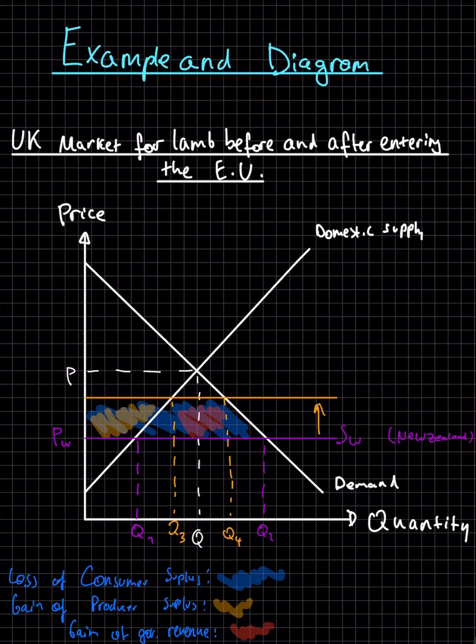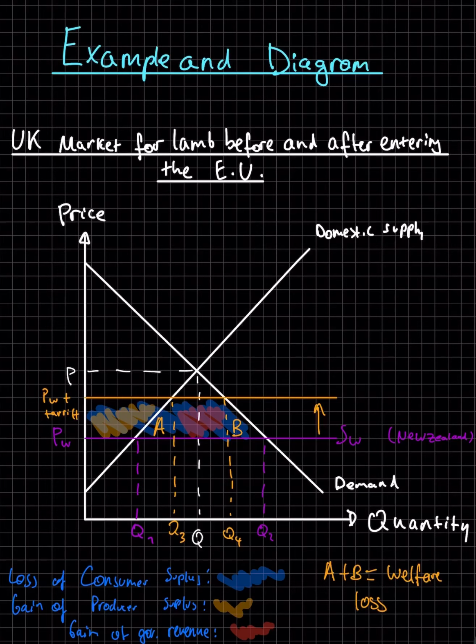However, even with these changes, the fact remains, I forgot to label this right here, price world plus tariff. The fact remains that not only are consumers consuming less, so it went from Q2 to Q4, and Q4 is smaller than Q2, we also have these areas, we'll call again A and B, which are complete welfare loss. They're just being lost and thrown away, which means a deadweight loss to society. So A plus B equals our welfare loss.